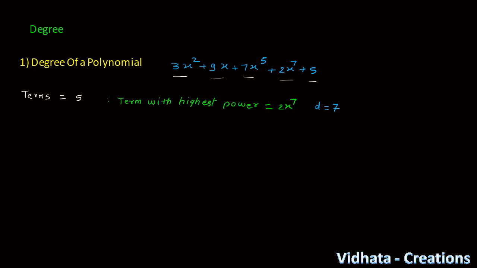Okay. Now let us study our next type of polynomial, which is a monomial, of which we want to find the degree. For that, let us see some examples.